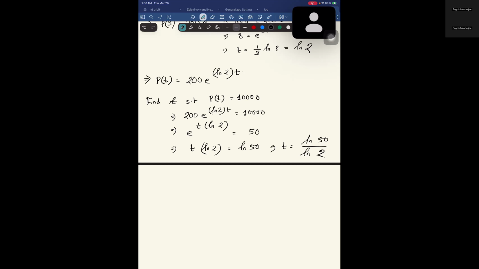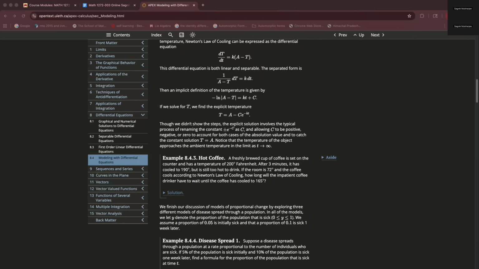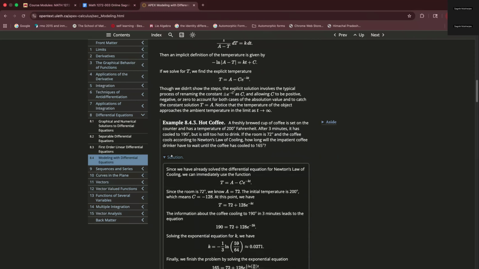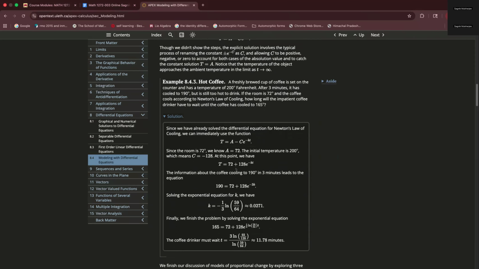So that's it. Newton's law of cooling is exactly similar. I mean, let me just show it to you for the sake of completion. So maybe look at this guy, right?